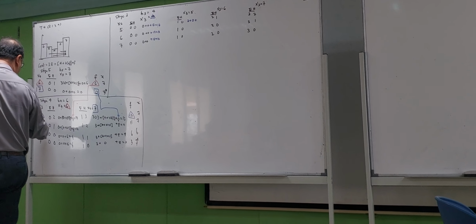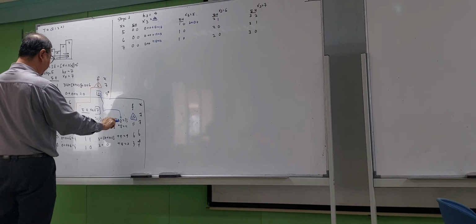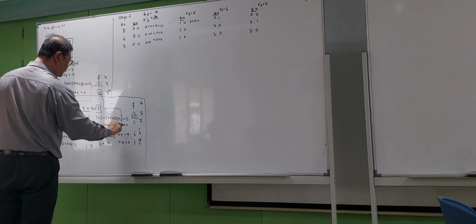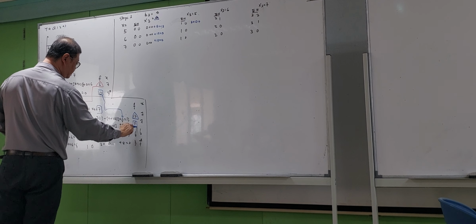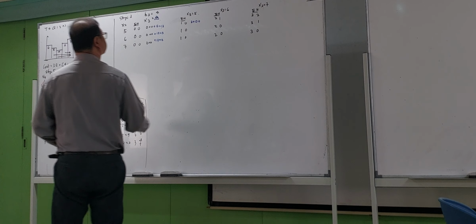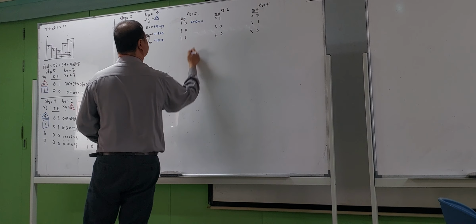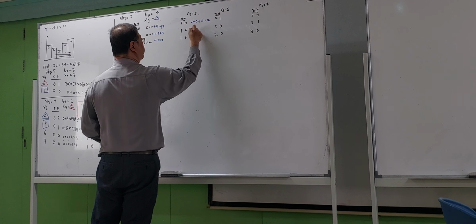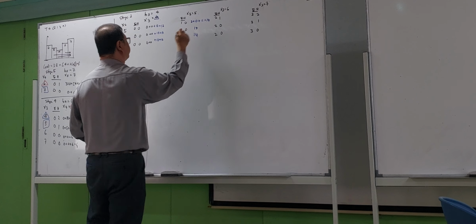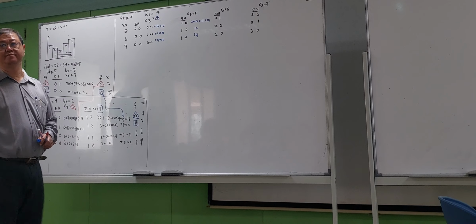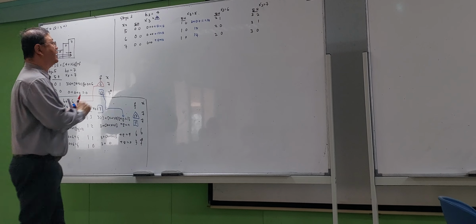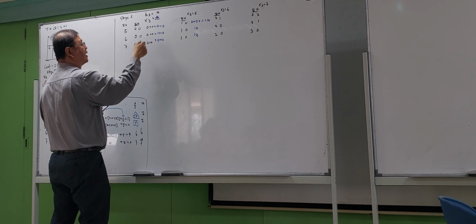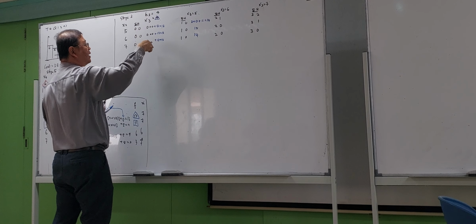So X equals 5. The corresponding F value is 11. Okay? So since these values are the same, the rest will be the same. Okay, now these two values, in the same column, the value must be the same for F. Right? So when these two are the same, the value should be the same.